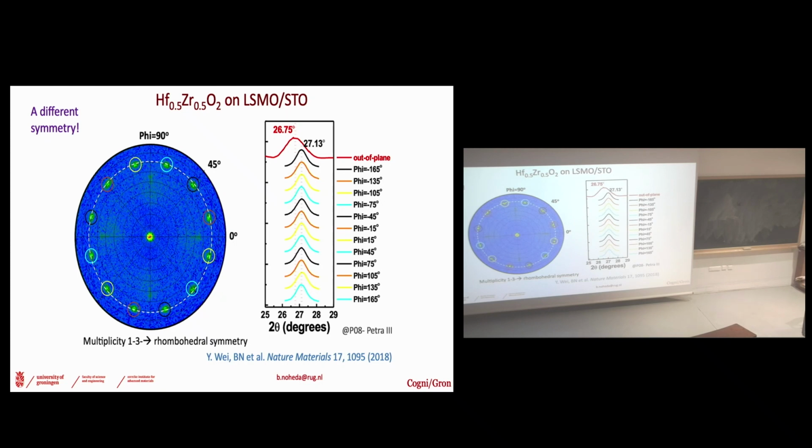And if you look at this 1 to 3 multiplicity, the only symmetry that fits is the rhombohedral symmetry. If you have an orthorhombic unit cell, this is not what you expect. So we thought, okay, your peak is different, your symmetry is different, so we reported a rhombohedral phase in this material.